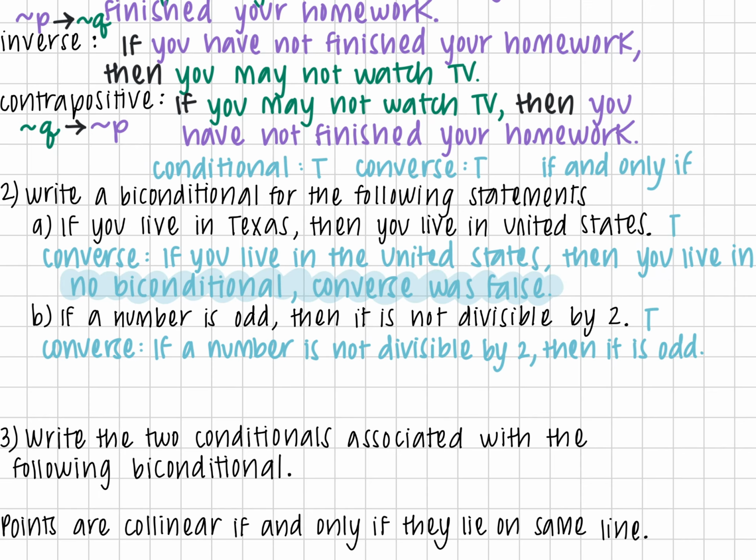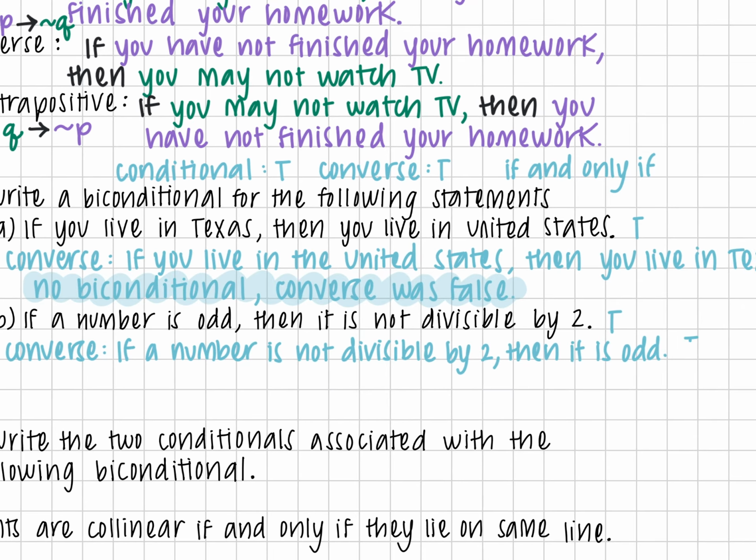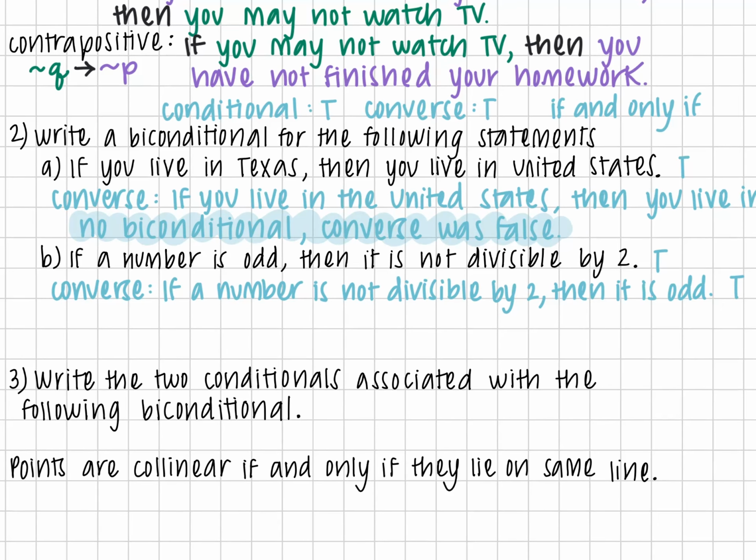Okay, that right there is going to be another true statement. And therefore, this problem here, we can have a biconditional written. So my biconditional, we're going to just start off with a number is odd, if and only if it is not divisible by 2.